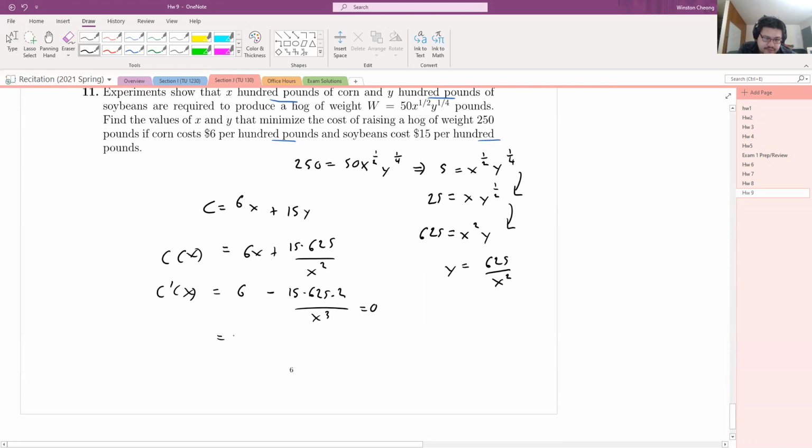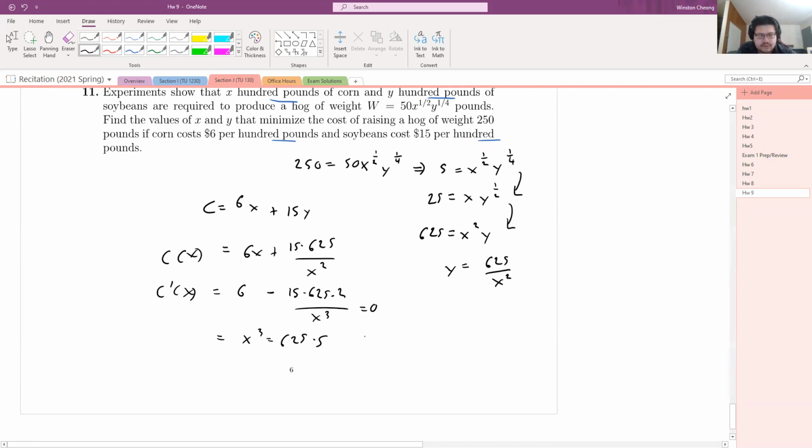So we would just have x cubed is equal to 625 times 5, if I'm not mistaken. Yeah, I'm pretty sure that's right. Yeah, that's right. Okay. But then we take a cube root of that, which is interesting.